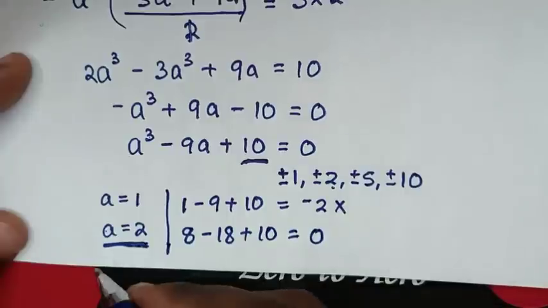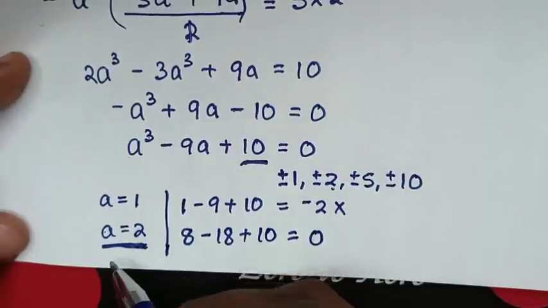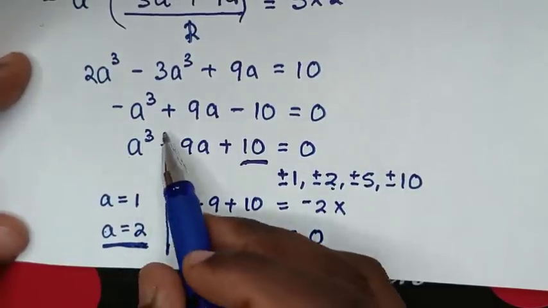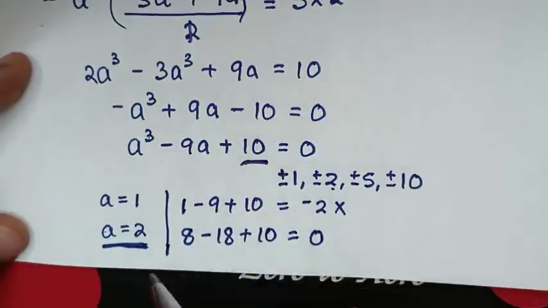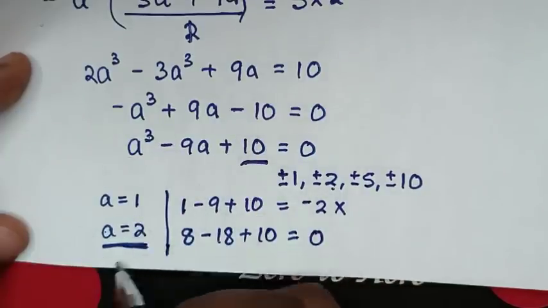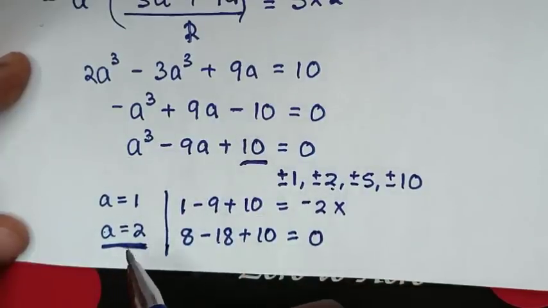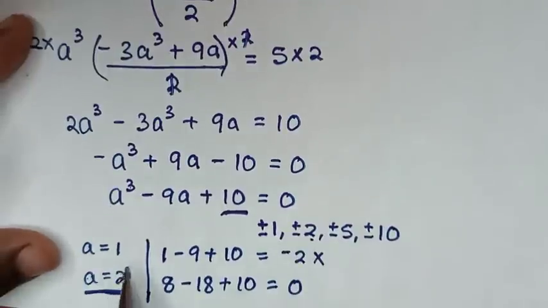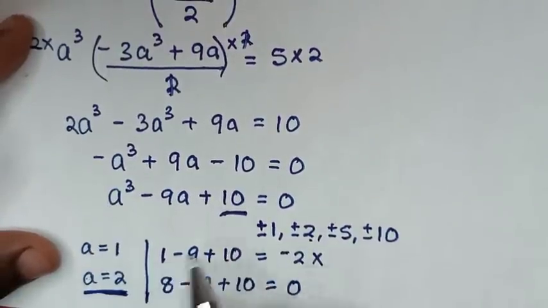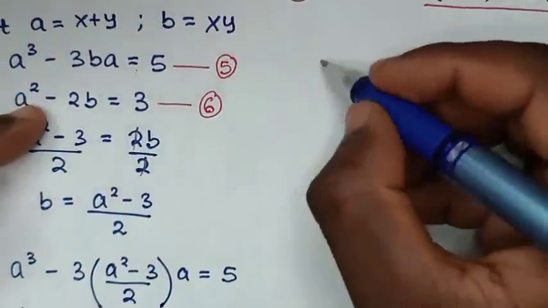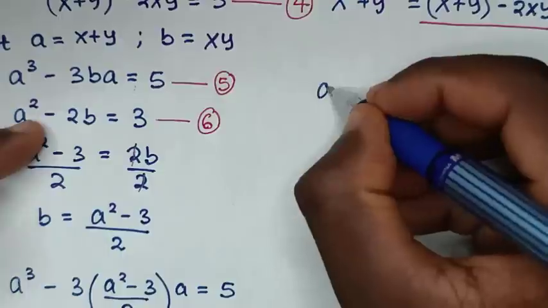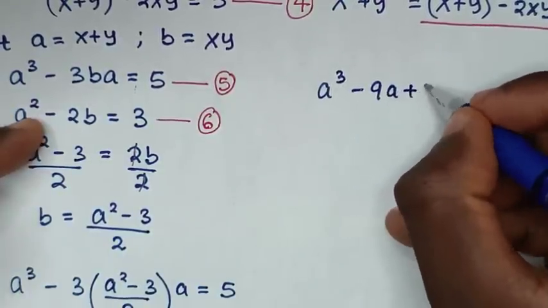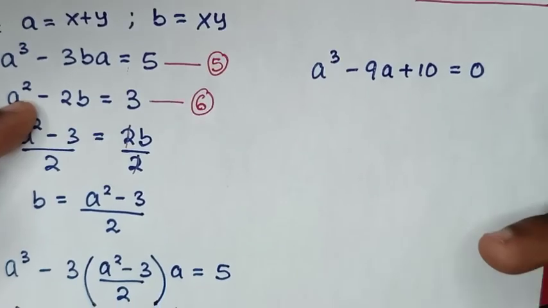Now from a is equal to 2, we solve by synthetic division. So we take this cubic equation, we divide by this value of a is equal to 2 so as to get a quadratic equation. So from this cubic equation, let's rewrite it, which is a power of 3 minus 9a plus 10 is equal to 0.